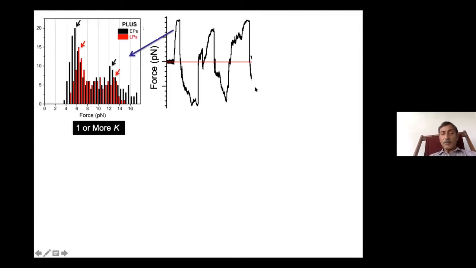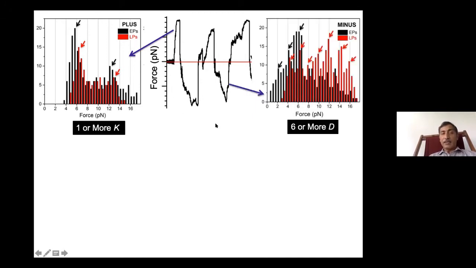But basically, what you know is the number of motors which are active, because you can measure the forces. For the kinesins, the number of active motors is 1 to 2. And for the dyneins, the number of active motors is usually 6 or more.